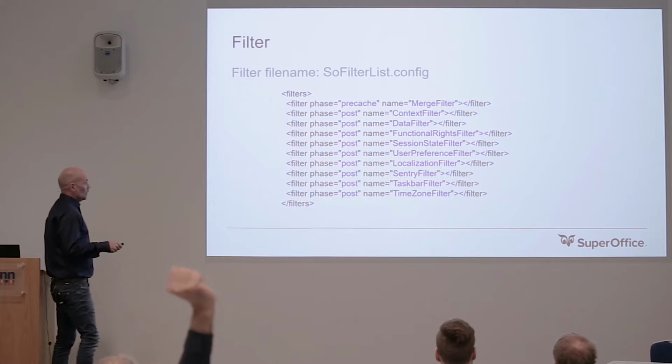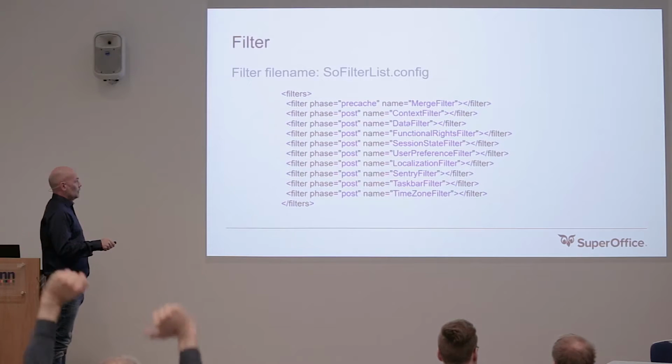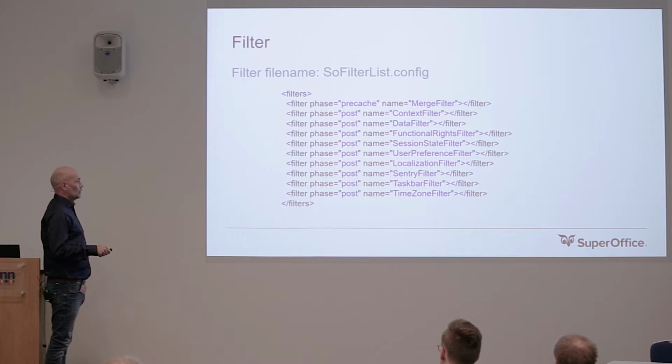You have a lot of filters that do things like sentry rules, functional right rules, and data filters that can enable and disable components based on the state of your session, your user preference or functional rights.